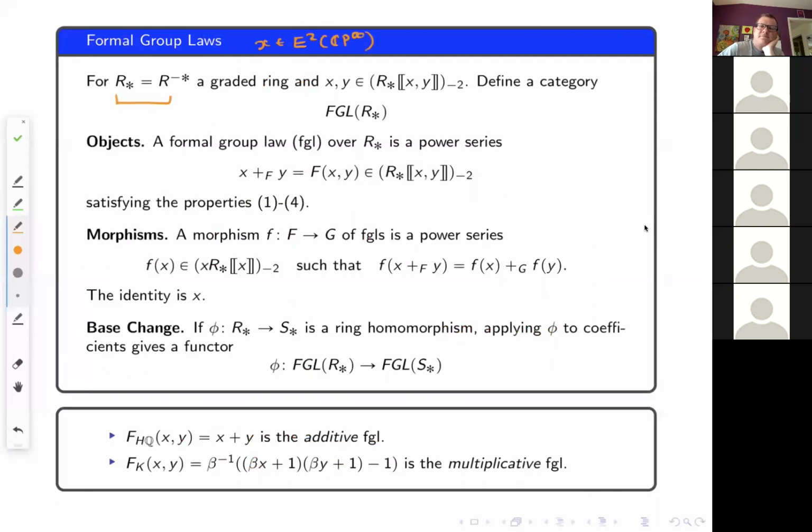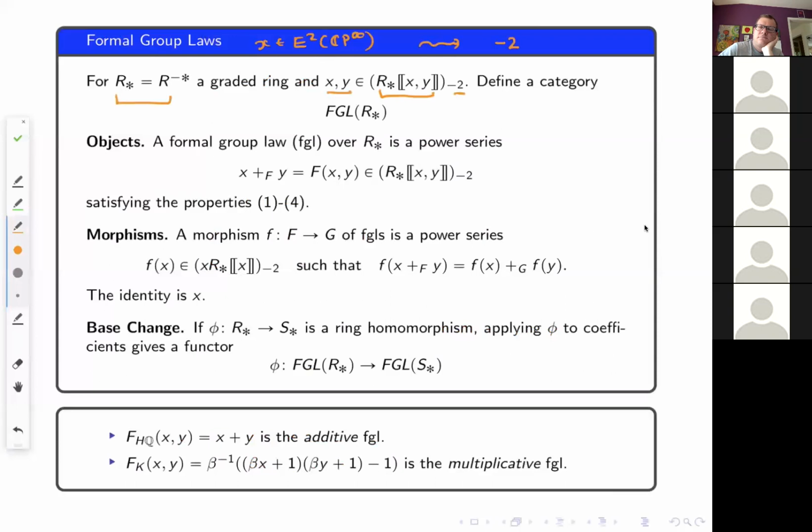So if I'm thinking of homological grading, that puts X in degree -2, because the 2 becomes -2. Later on, it'll just be easier to be in homological grading. So, if you have a graded ring, you can look at this power series ring, and you grade it by letting X and Y be in degree -2 because of the reason I just said.